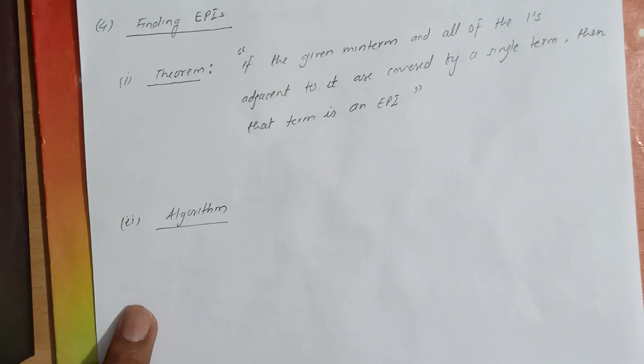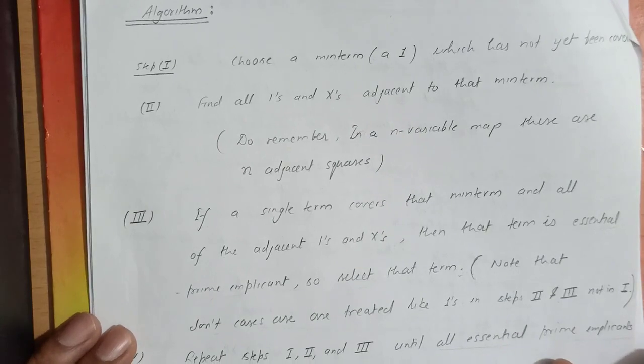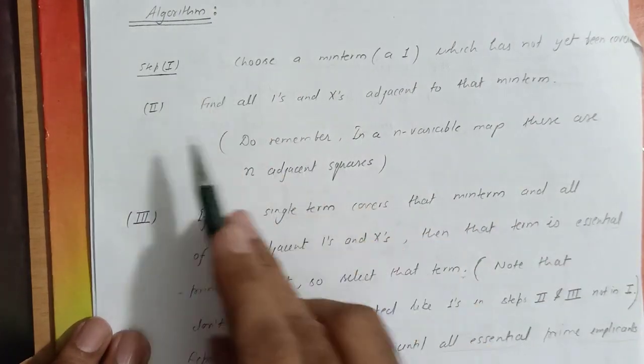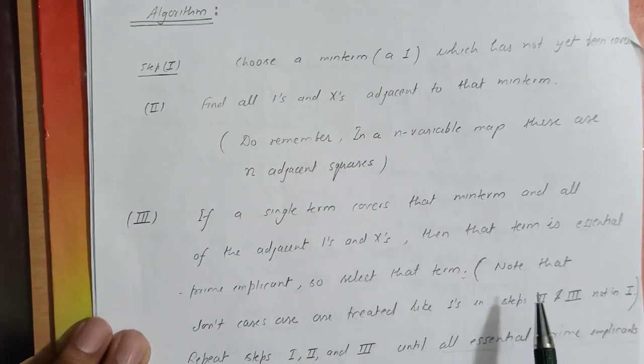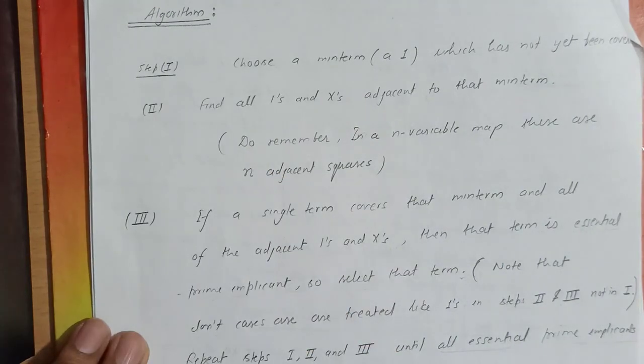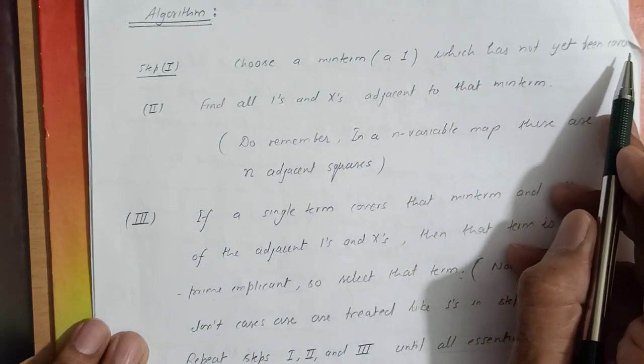After that, in the previous lecture, I gave one algorithm for how to find the essential prime implicant. So basically this is the theorem. We have already studied this theorem. So these are the steps in this algorithm for how to find the essential prime implicant. According to this approach, we will choose a minterm which has not yet been covered.